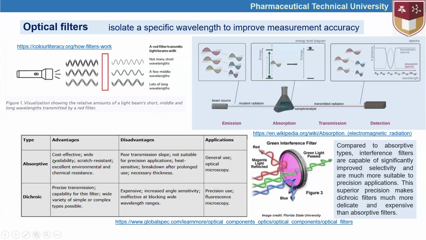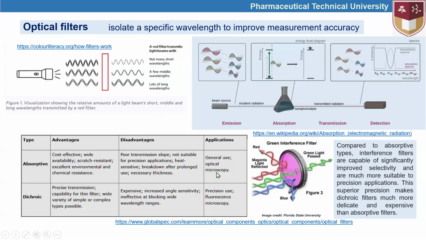On the other hand, absorptive ones are able only for poor transmission slope. They are not suitable for precision applications, and they are heat sensitive, and they are cost effective, but the cost effective might cause some disadvantages.